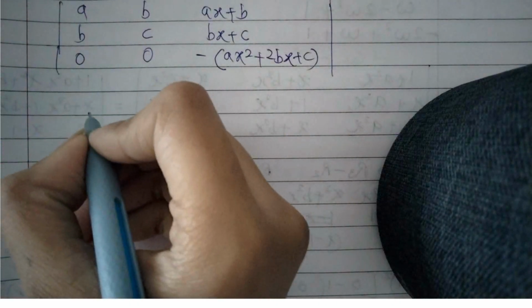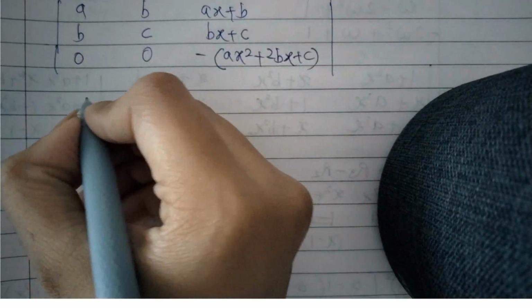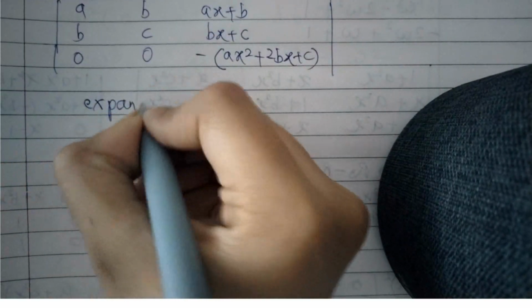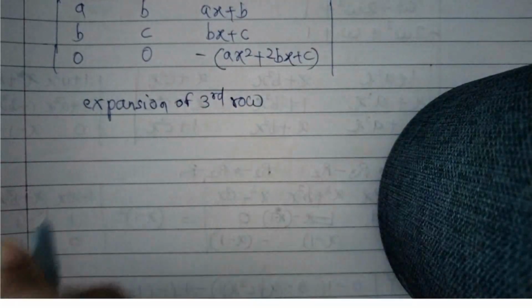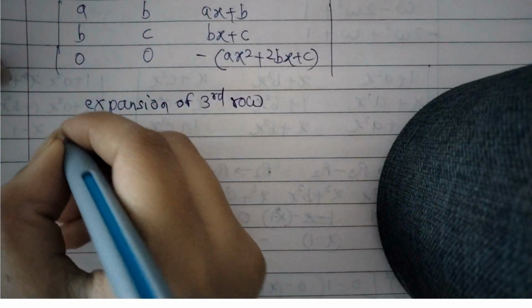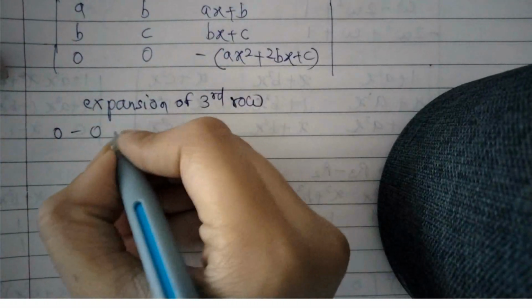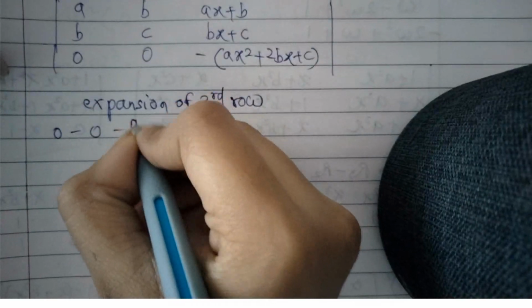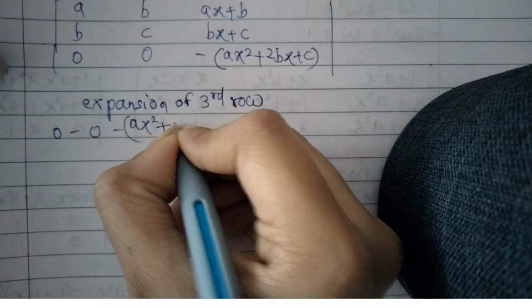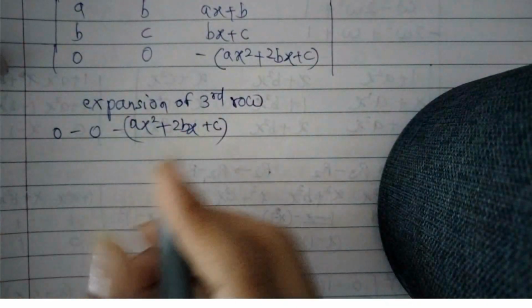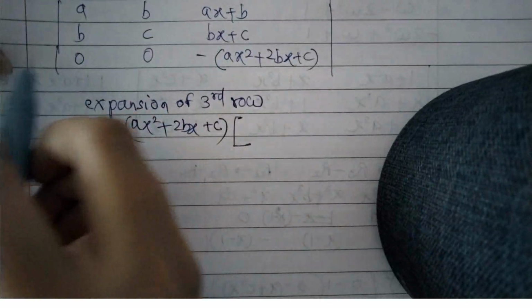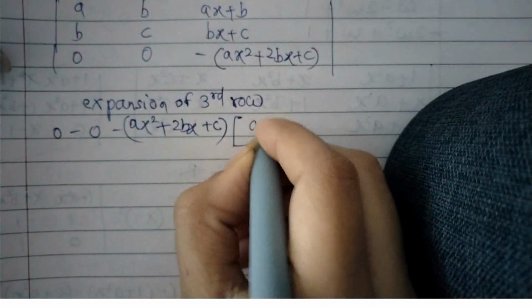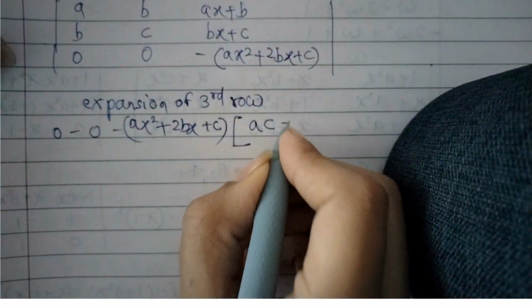So let us do the expansion of the third row of this determinant. On expansion of the third row, we will get 0 minus 0 minus ax square plus 2bx plus c into, excluding the elements in this particular row and column, ac minus b square.